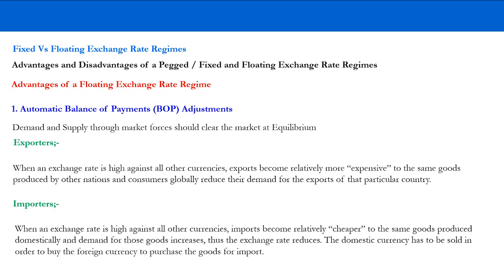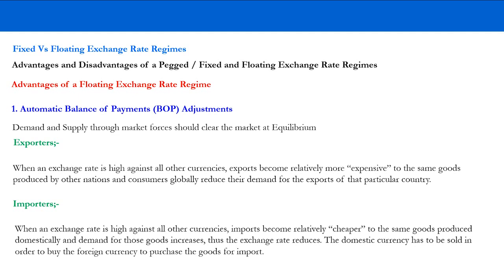So for exporters, for example, when an exchange rate is high or goes too high against all other currencies, exports become relatively more expensive to the same goods produced by other nations, and automatically, left to the market mechanism, consumers will get to a point and start reducing their demand for the exports of that particular country because they can get the same goods at a lower price from somewhere else.